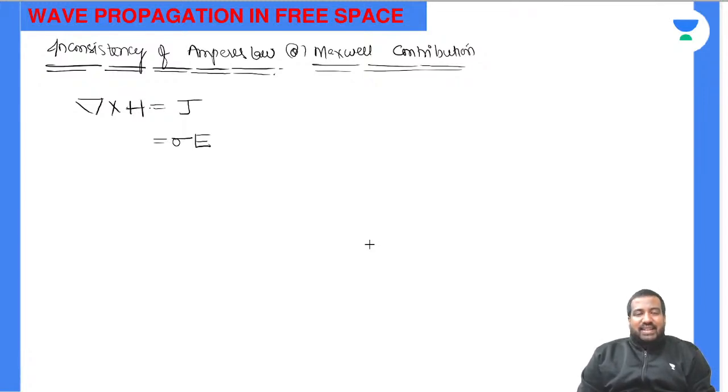Ampere rejected that. It was not the fault of Ampere. I can't say that it is the complete fault of Ampere. I can say Ampere was ignorant. Because by 1850, Ampere also did not know that there is a time varying field existing.